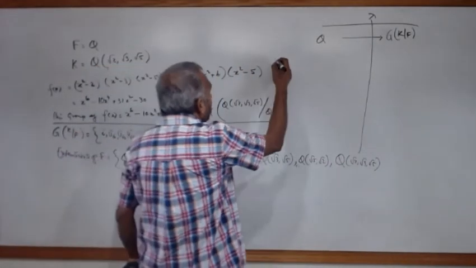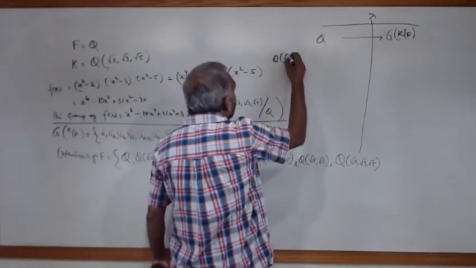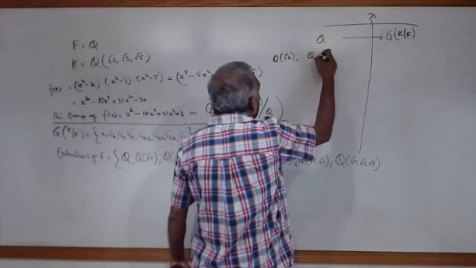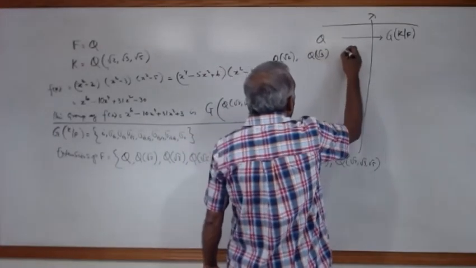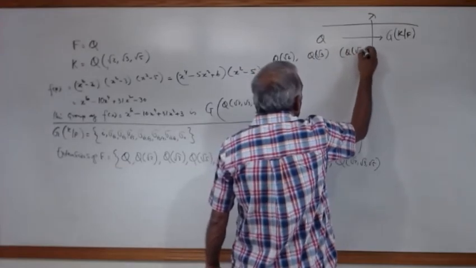Then we'll have here Q root 2, Q root 3, Q root 5.